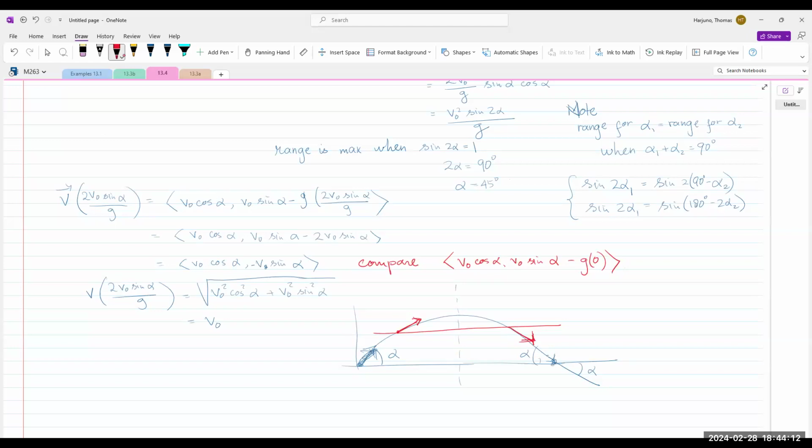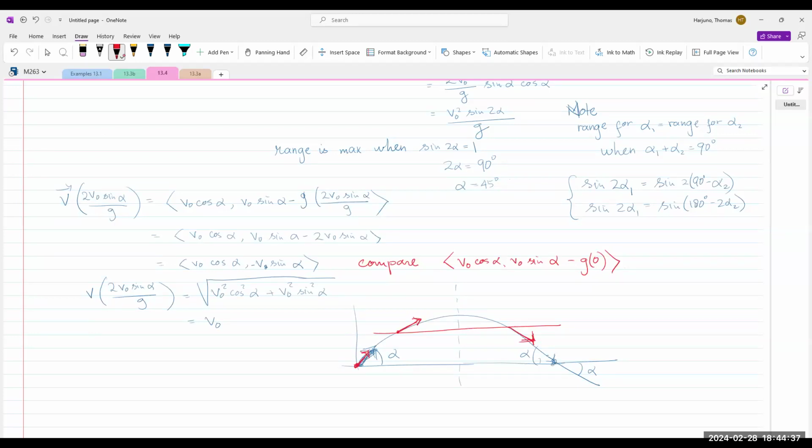This is considered correct even in physics because of conservation of energy. When you start from here, your kinetic energy is high, but your potential energy is low.